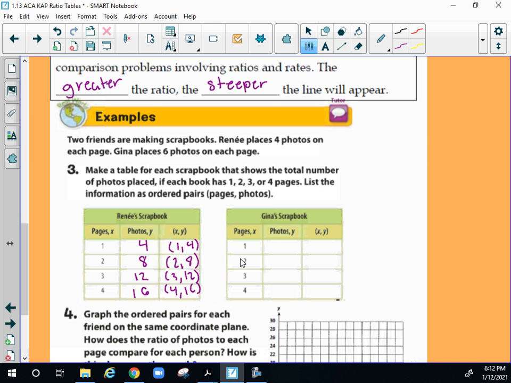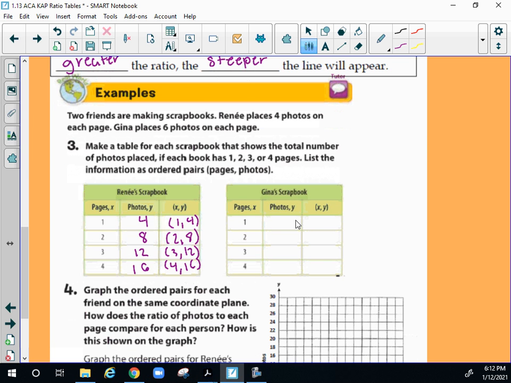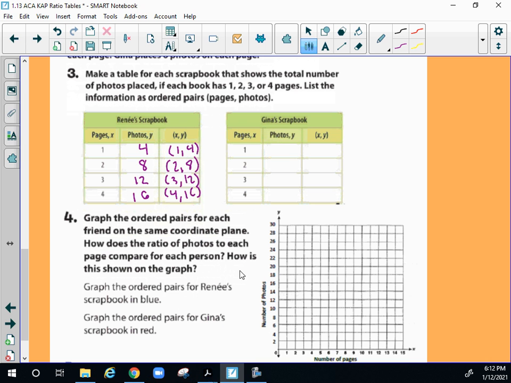Go ahead, pause this video, fill out Gina's table, and then plot their ordered pairs on the coordinate plane using this information here. So Renee's in blue and Gina's in red. Push play when you are ready to continue.